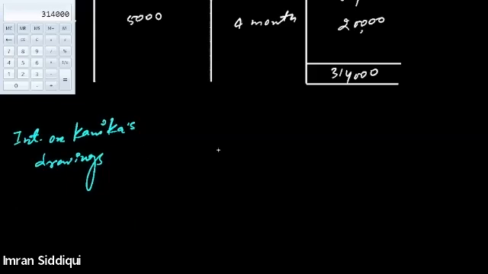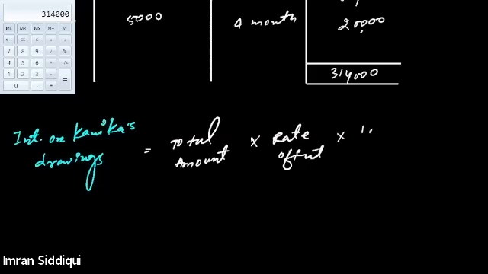Interest will be total amount that we got in the product column, total amount into rate of interest into 1 by 12.